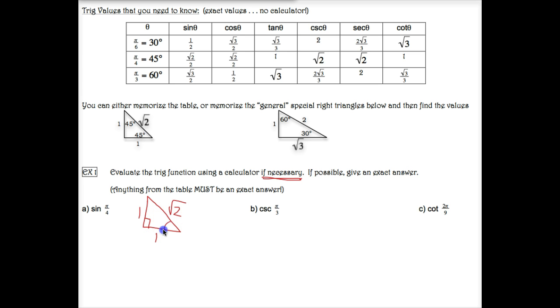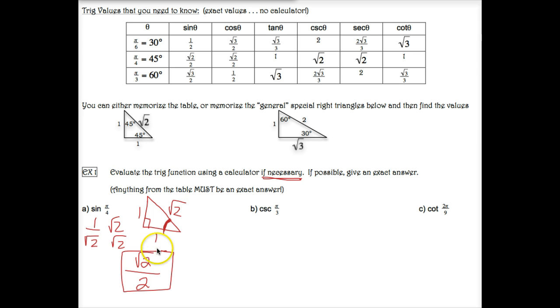If I want to know the sine, you can mark your 45-degree angle, because that's what pi over 4 is, and know that sine is opposite over hypotenuse. So opposite over hypotenuse, and then just rationalize it. So radical 2 on top and bottom, and it's radical 2 over 2.